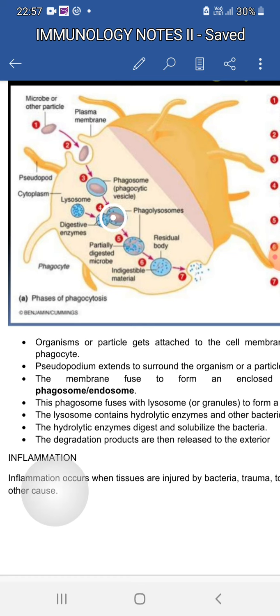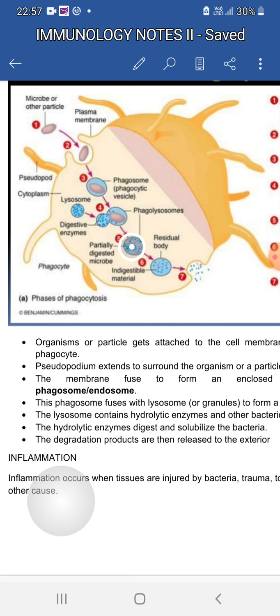When they are digested, if they are of value to the white blood cell, they will diffuse into the cell to be used.